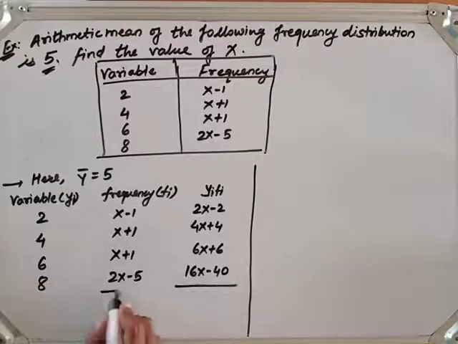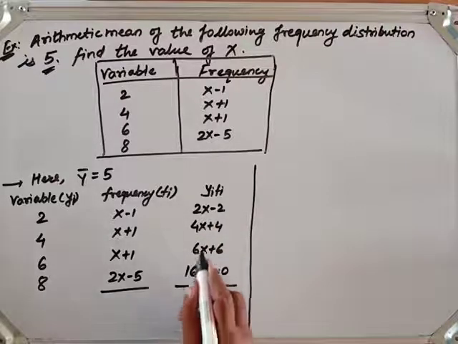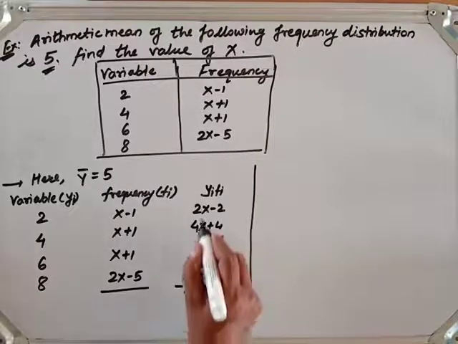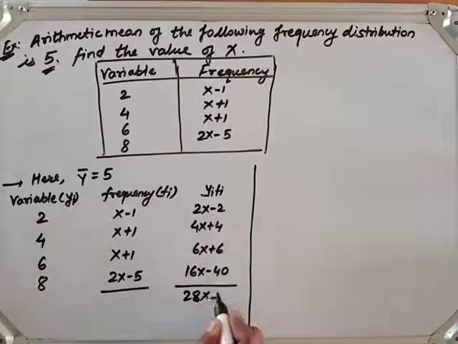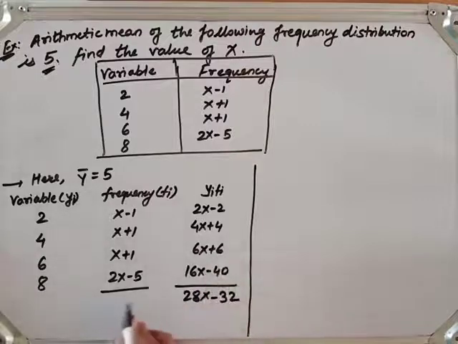Now let us add these. Adding, we get 28x, with the constants added separately: minus 2 plus 4 plus 6 minus 40, which is minus 42 plus 10, so minus 32. The sum of the frequencies is 5x minus 4.